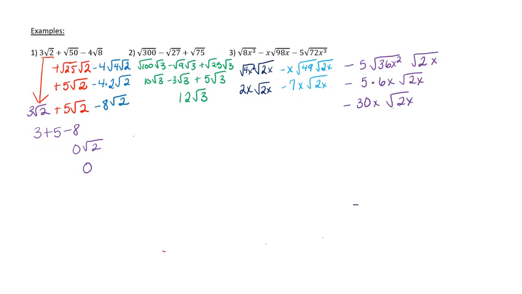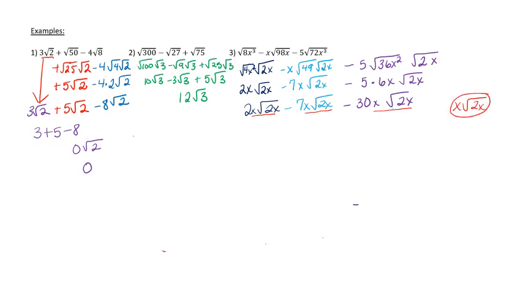All right, so let's bring these other guys down. So 2x square root of 2x, minus 7 square roots of 2x. Oh, 7x, excuse me. Let me write that again. So minus 7x square roots of 2x. Now what I want you to notice is these are like terms because they all have that x square root of 2x.